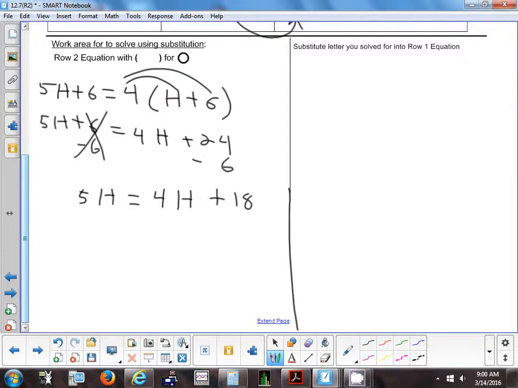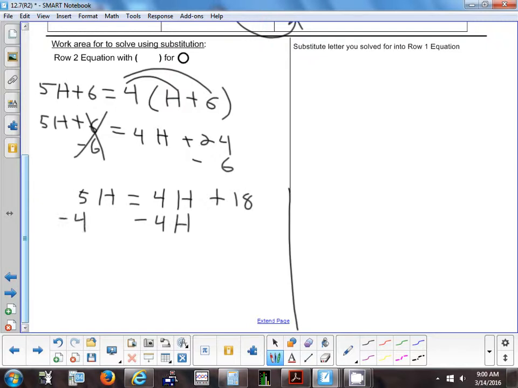This is a box, the box right below the table. Okay, now we just have one step left. What's my last step? Subtract 4h from 5h. Subtract both sides.